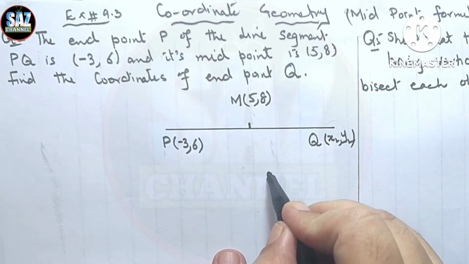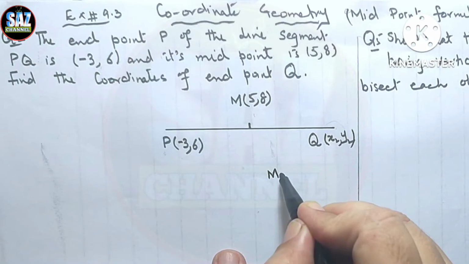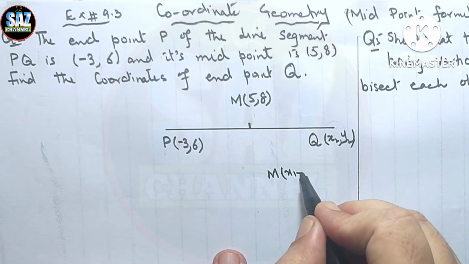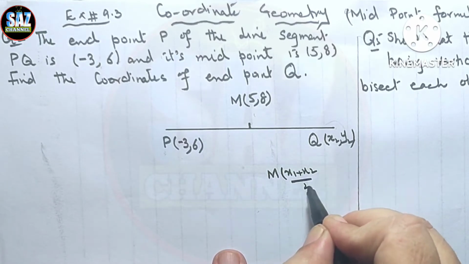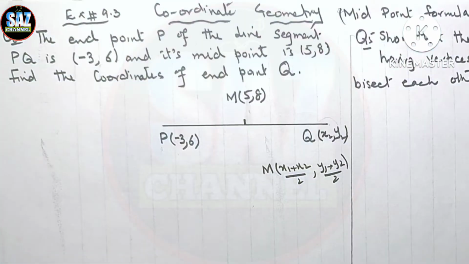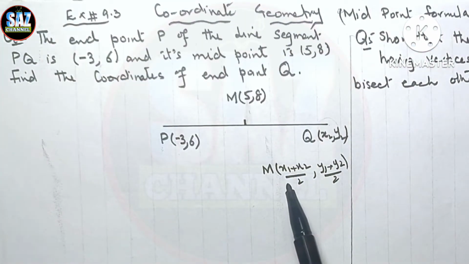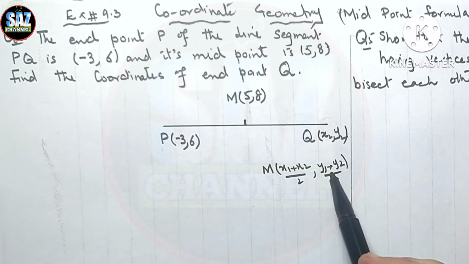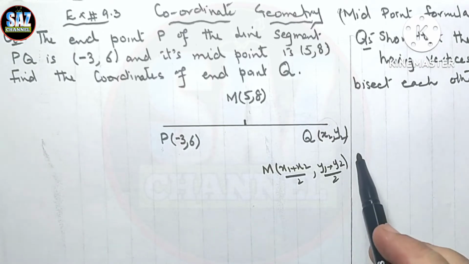We know that the midpoint formula is, what is the formula? The midpoint formula is (x1 + x2)/2, comma, (y1 + y2)/2. That means that the x coordinate of the midpoint is the average of the x values of the given points, and the y coordinate of the midpoint is the average of the y values of both the points.